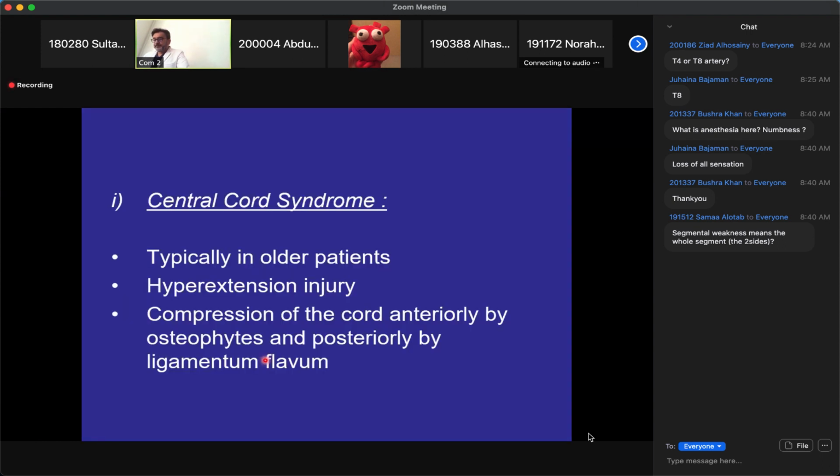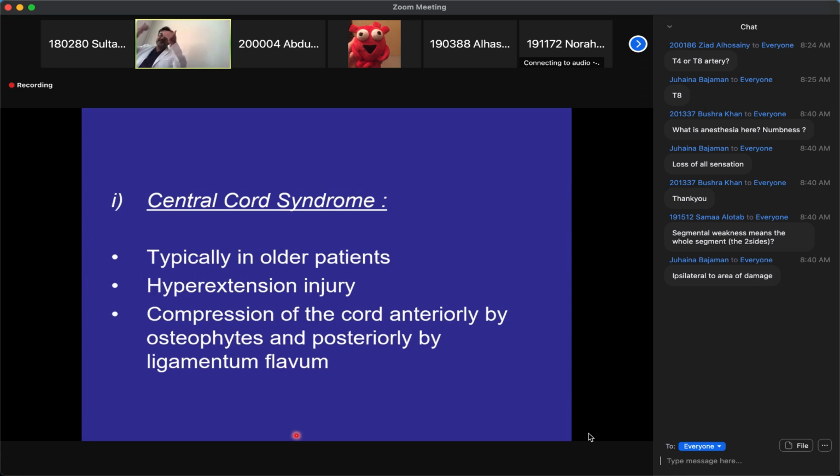Now, central cord syndrome is much more common. It's the most common type of spinal cord syndrome. What happens usually is that there is constriction of the spinal canal, or there is cervical spondylosis in old age people.